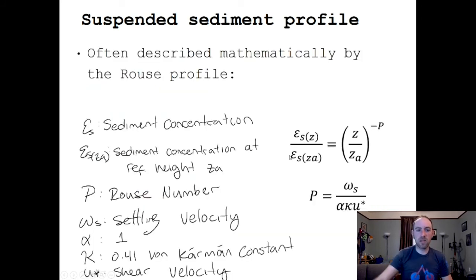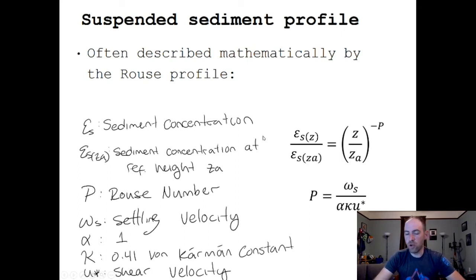But it looks like this. This is called the Rouse profile, and it is that the concentration of sediment at some elevation above the bed divided by the concentration at the reference height ZA, that height is often taken to be the height of the bedload layer, del B, if you remember that.